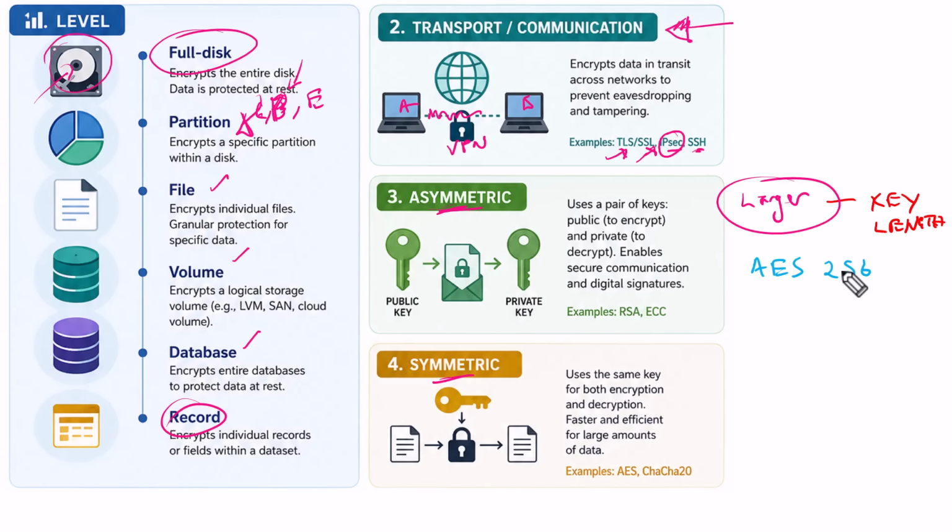We also have different types of encryption methods out there, such as 3DES, ChaCha20, and Twofish. Some of them are quite old and no longer really in use today. But for example, you are likely to encounter 3DES out there, and 3DES has a maximum of 168 bits when it comes to encryption.